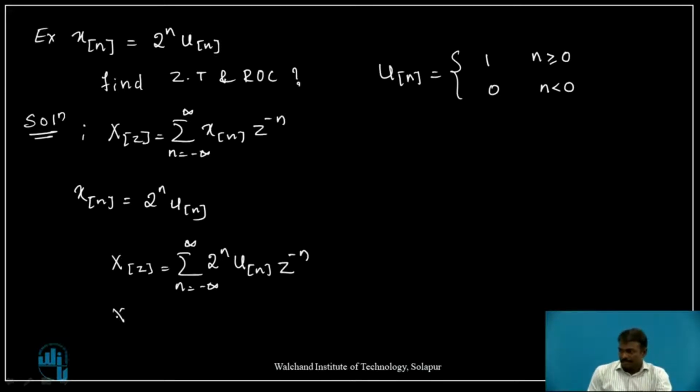Therefore, x of z can be written as summation n equal to 0 to infinity 2 to the power n z to the power minus n here.